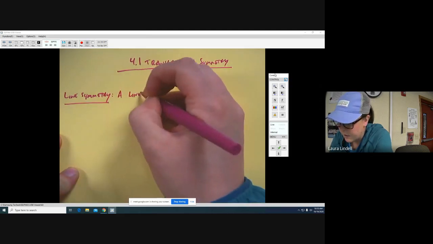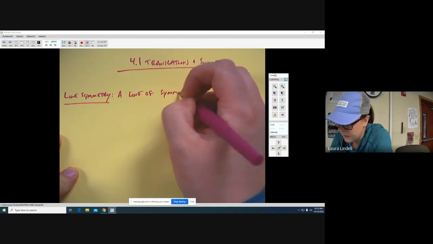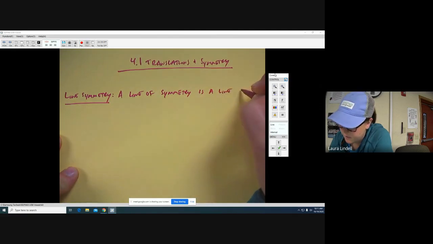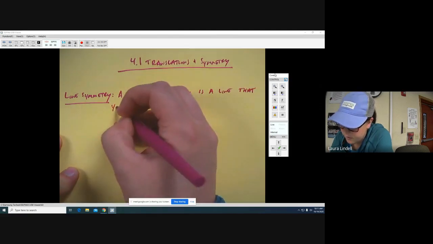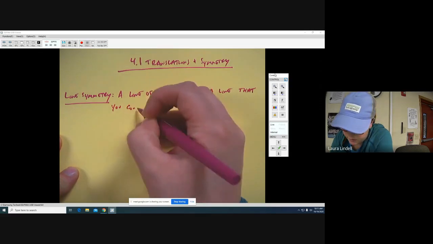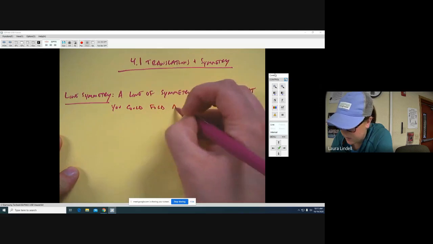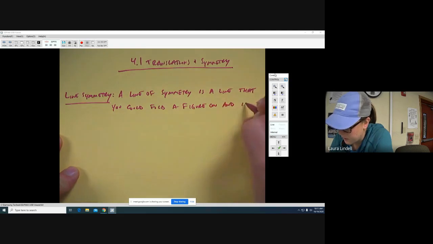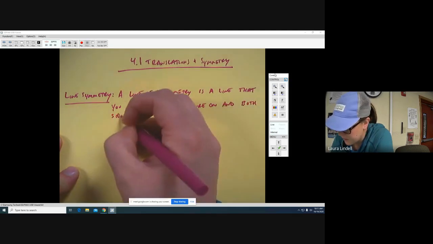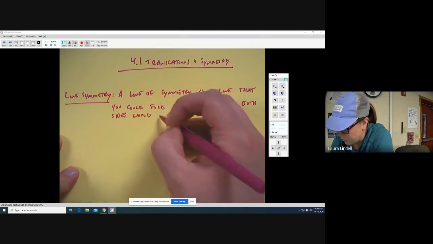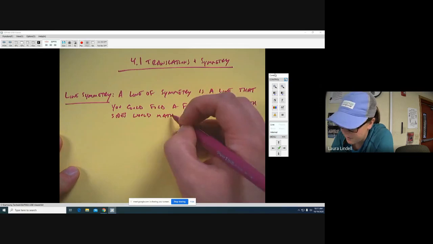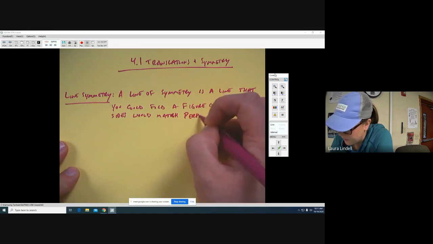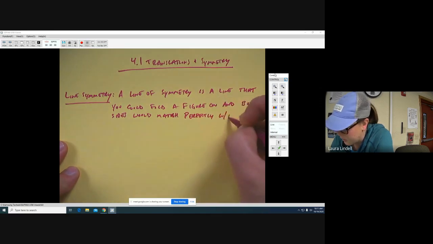A line of symmetry is a line that you could fold a figure on and both sides would match perfectly with no gaps.